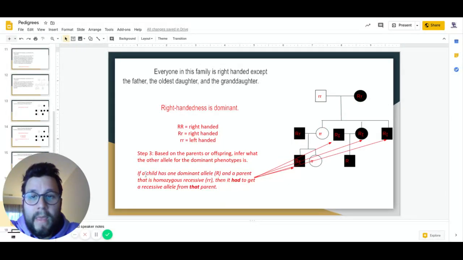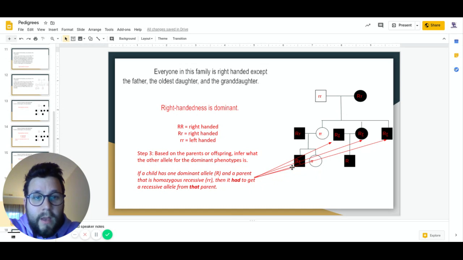Now, if a child has one dominant allele, all right, now the rest of these people. So this kid here, this one right here, this one right here, this one right here, they all had a parent who is homozygous recessive.